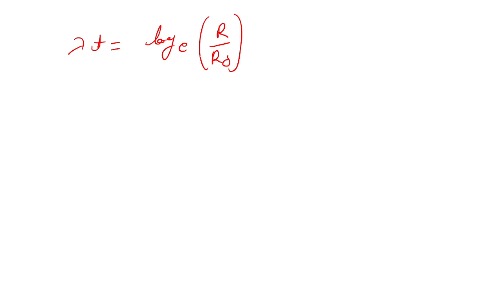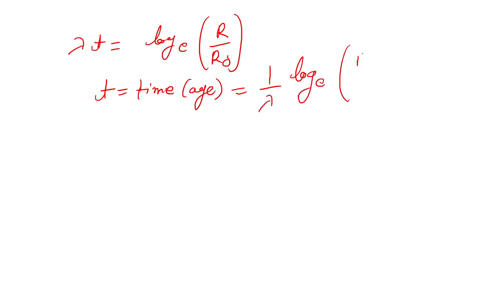If I solve for T, this is the time, the age that we are going to find. So T will be 1 over lambda log E R over R0. I am not expanding this log E here.